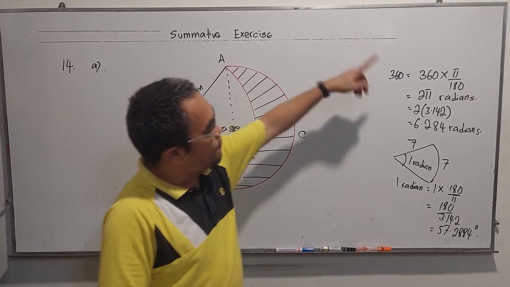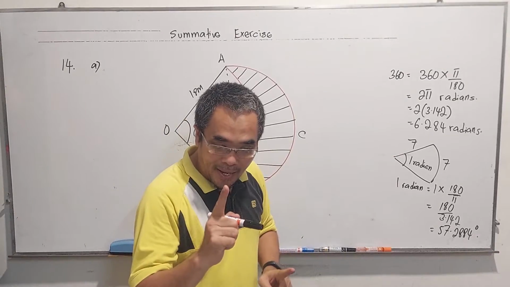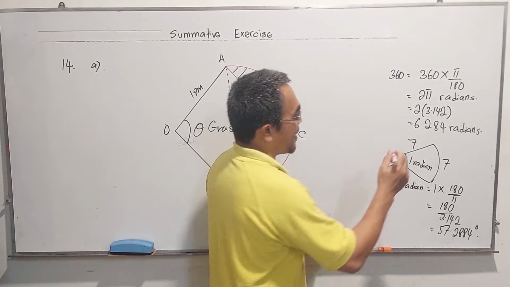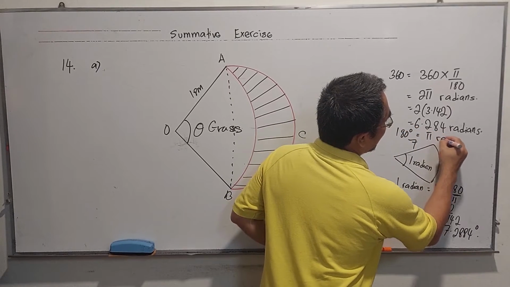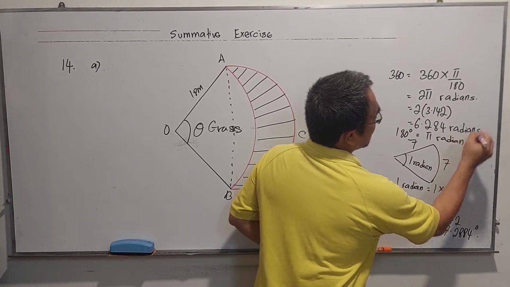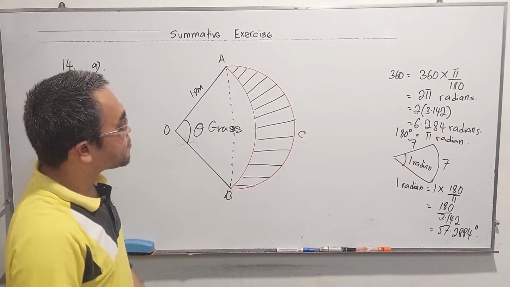So if 360 is 2 pi, 180 degrees will be pi radian, that is 3.142.